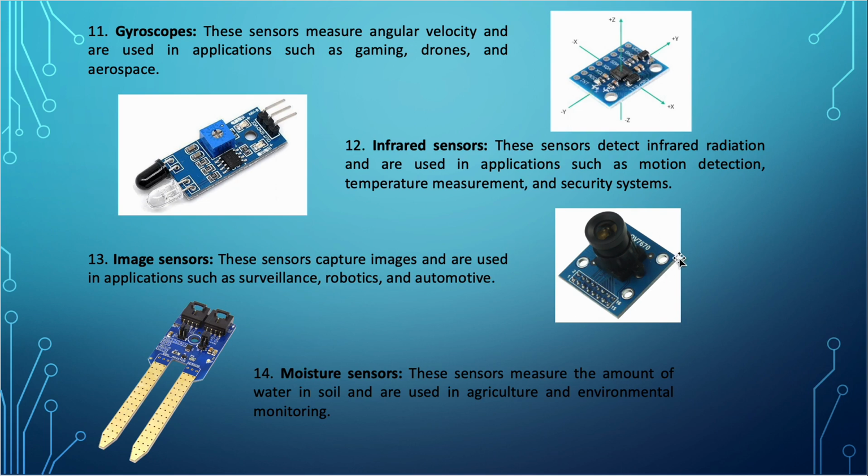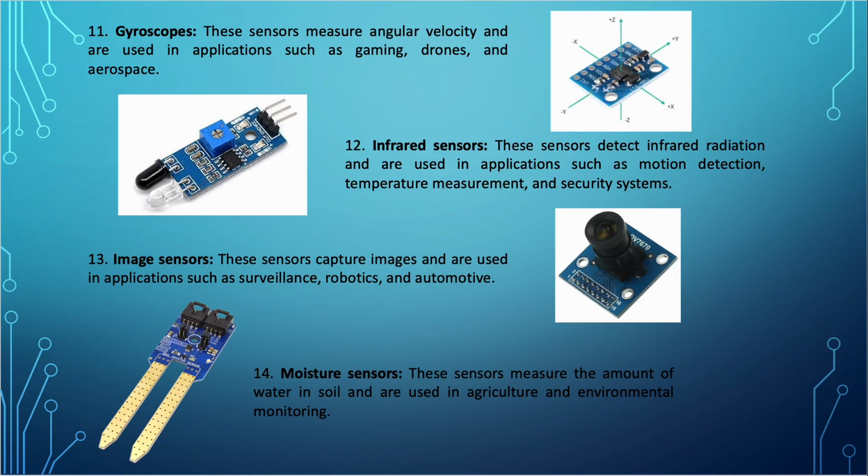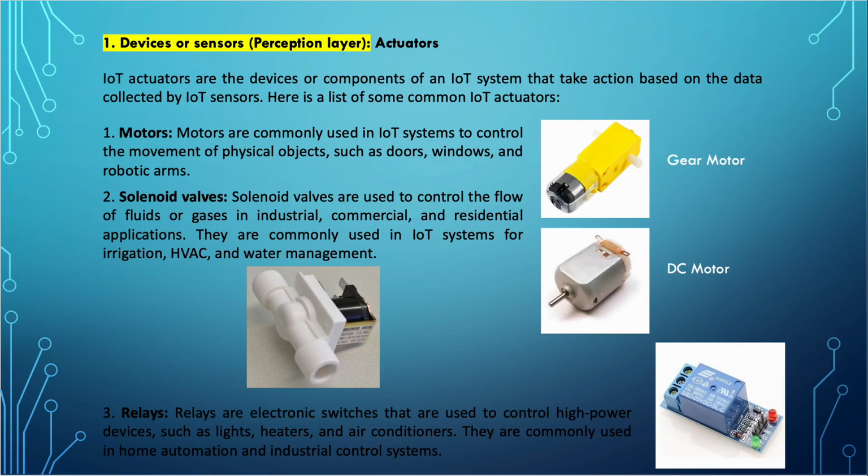That means we need an image sensor. We need to know whether it is right way up or not, so we have a gyroscope. There should be an accelerometer, and so on. We should understand what sensors are needed for each and every problem that we are going to solve through IoT.